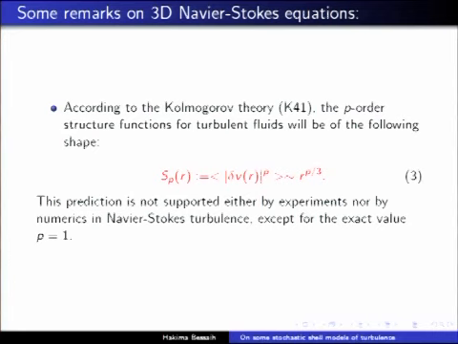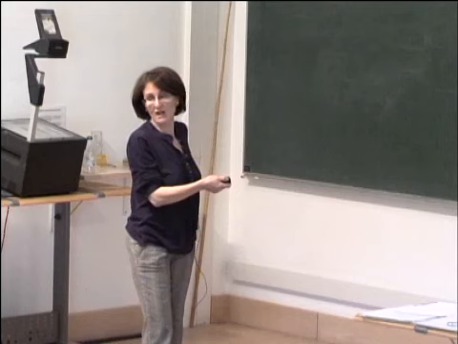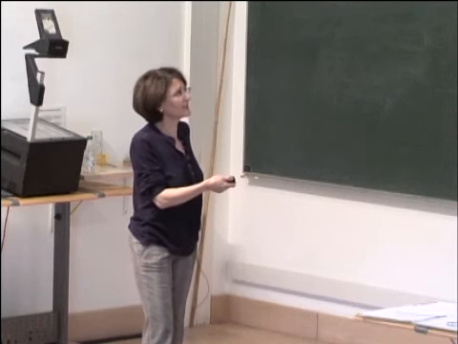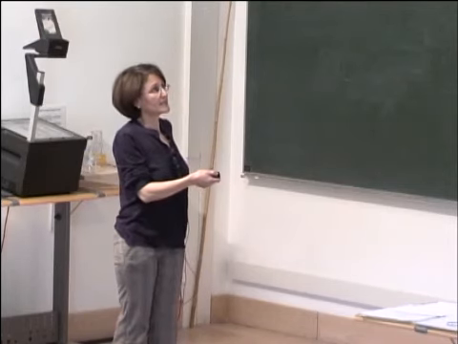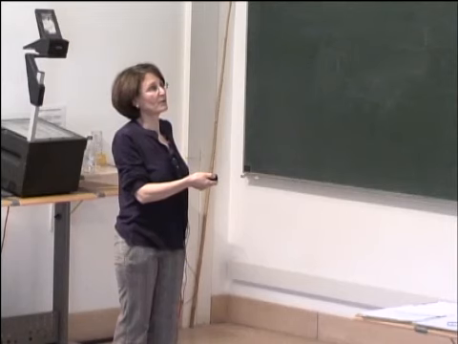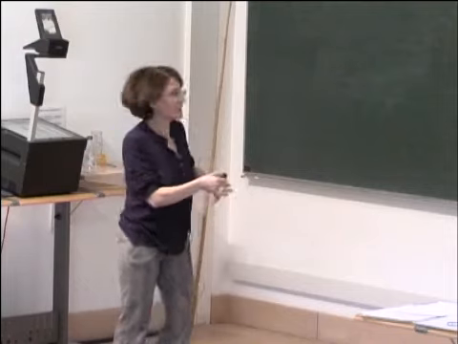For turbulent flows, I'm not interested in the fast transition, but once the flow is completely turbulent, there are some conjectures that have been made by Kolmogorov, and the conjecture is that the structure functions, which I'm defining here, S_p(r), which are ensemble averages of delta V_r to the power p, behave like r to the power p over 3. This is his conjecture.